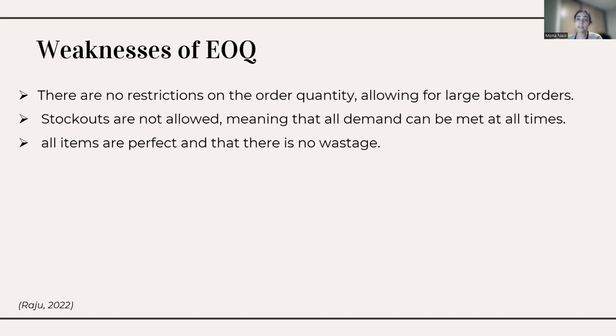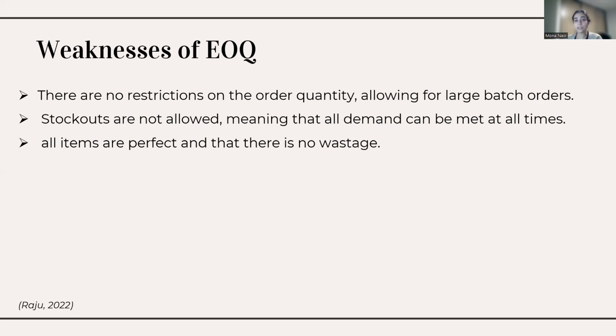Moreover, the classic EOQ model assumes that there are no restrictions on the order quantity, allowing for large batch orders, whereas in real-world scenarios, some items may be perishable or have limited shelf life, which means that ordering large quantities might lead to wastage. Additionally, there may be limitations in terms of available warehouse or storage space that cap the order size.